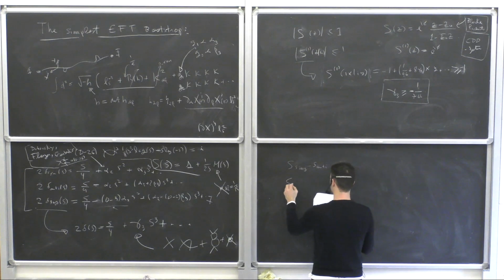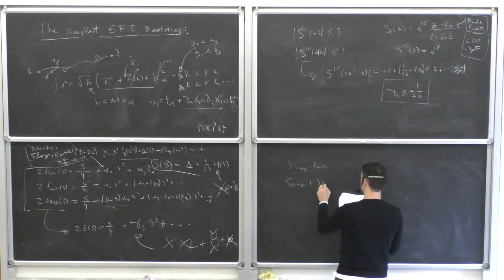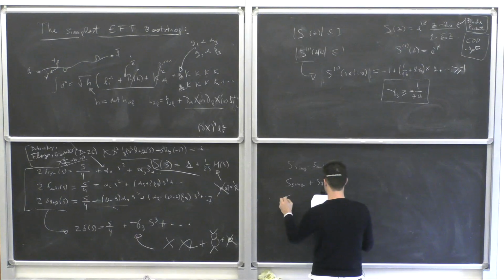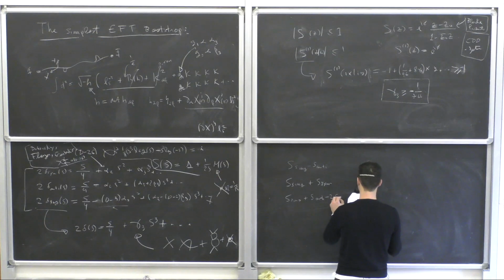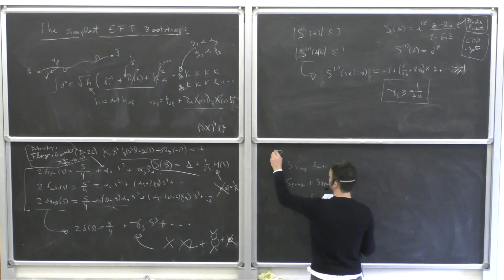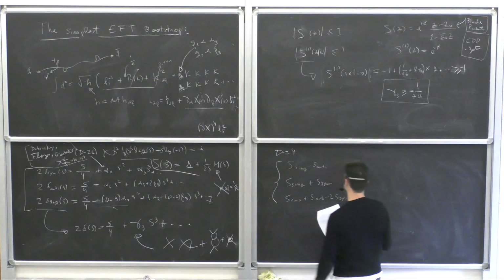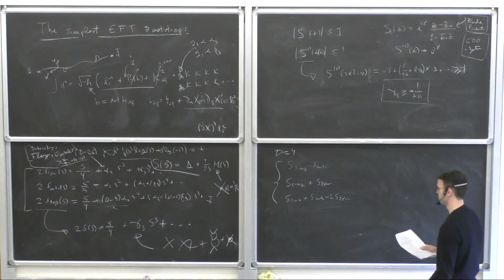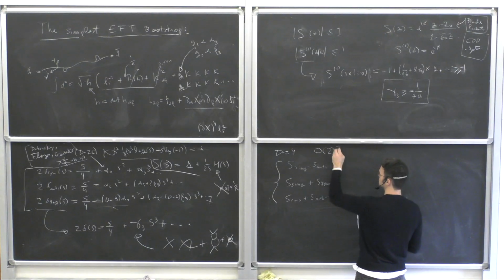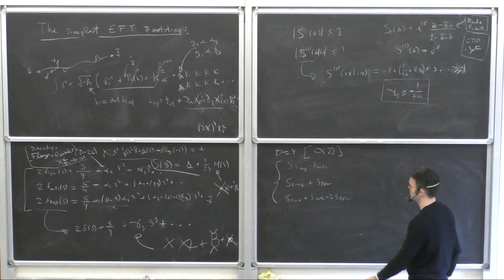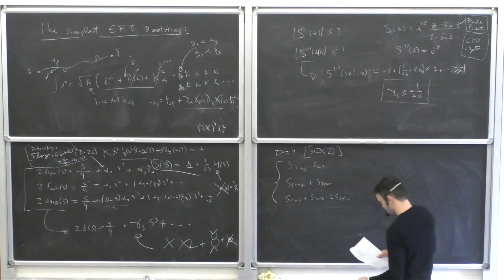This is an exercise for you: you can check that these linear combinations are invariant under crossing symmetry. This is indeed equal to 4 now, namely to O2, or SO2.